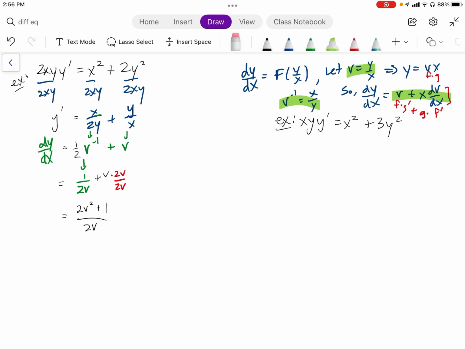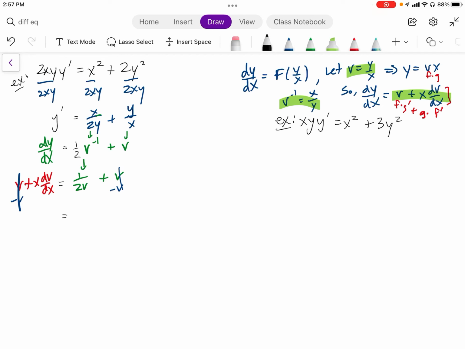If I had on the left, making that substitution, v plus x dv/dx, then when I subtract v on both sides, they cancel. So this is actually really good. Let me rewrite that: 1 over 2v plus v. But notice, when I subtract v, those cancel. I don't know how I didn't catch that, but that's okay.